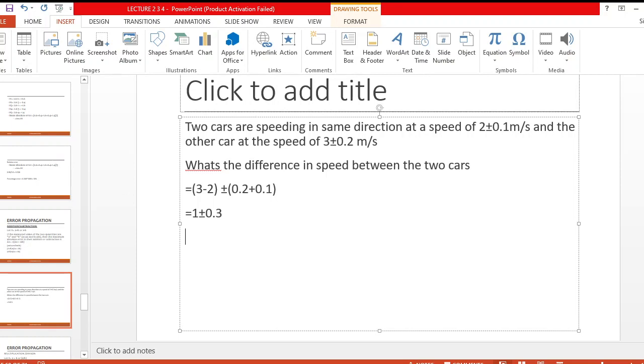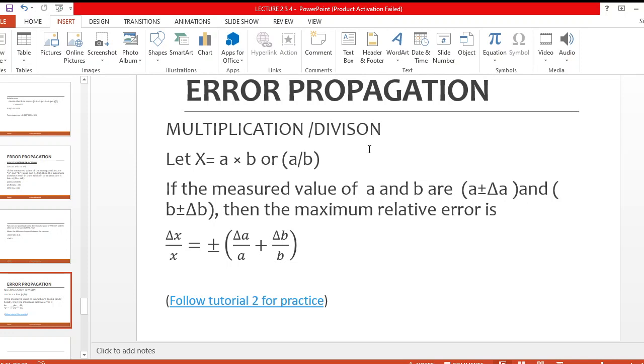Now, the second law, it's a law of multiplication and also division. So they also go together. The law of multiplication and division says, let's suppose we have the measured values A and B, and these values may be multiplying or may be dividing each other.